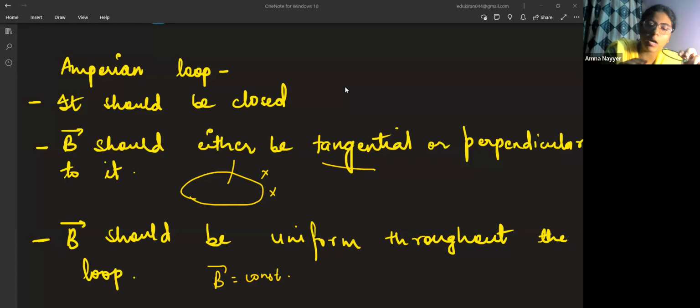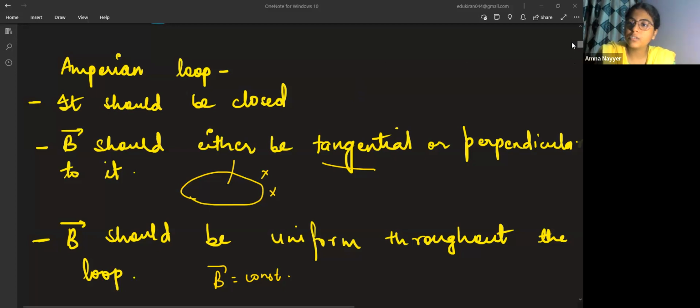Similarly, if it is going outwards, you can see here also this is perpendicular to it. This is the line of forces for the magnetic field, either parallel to the diameter or perpendicular to the diameter. This is what is meant by the magnetic field should either be tangential or perpendicular.